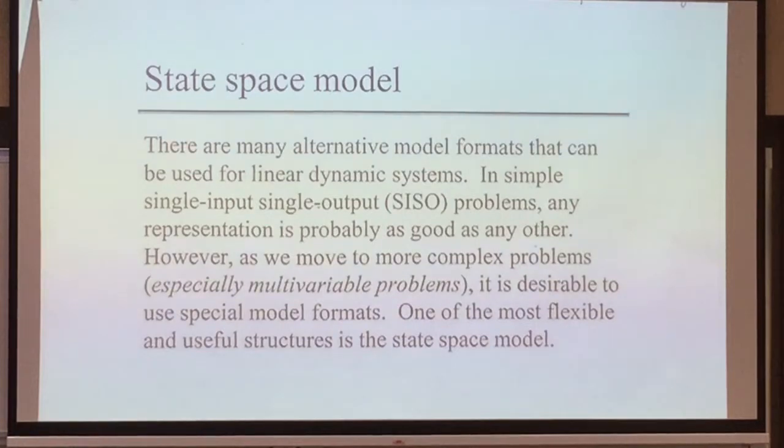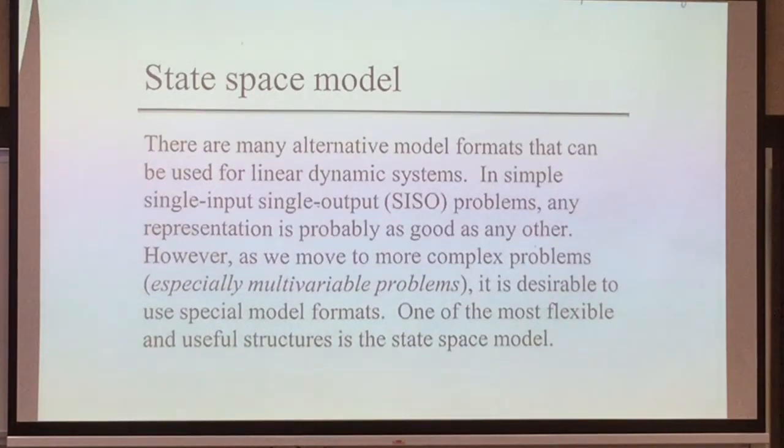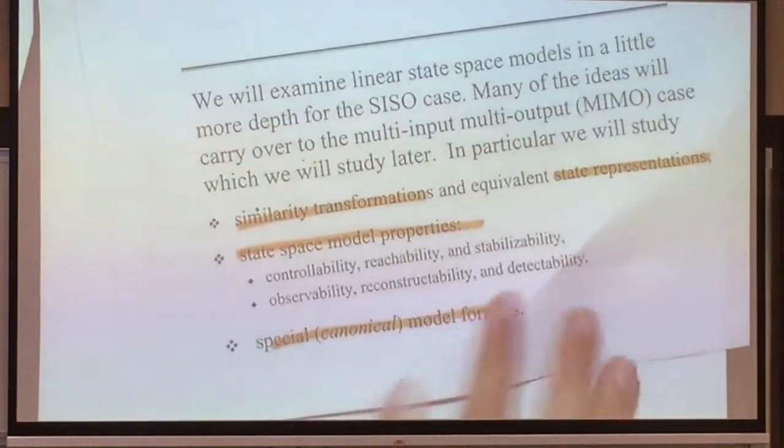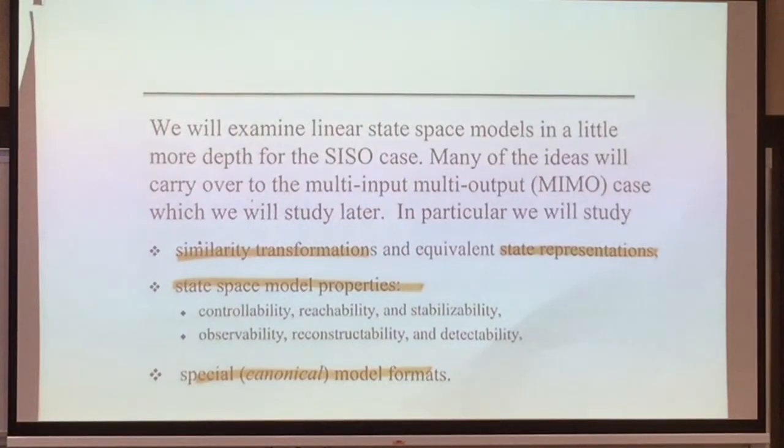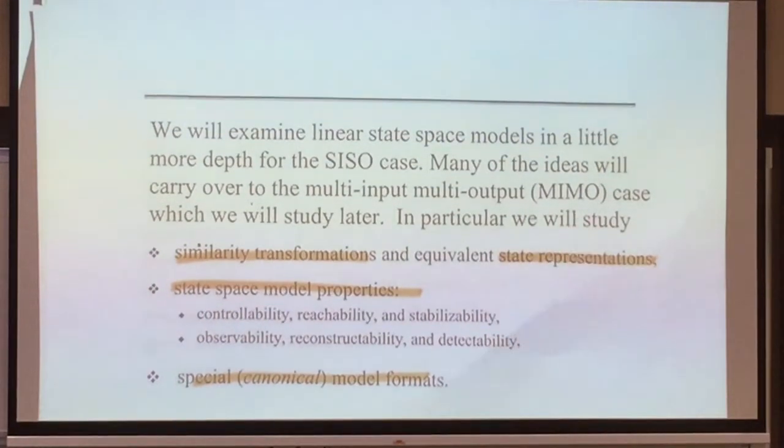It's designed to use some special model formats, and one of the most flexible formats you can use is the state space model. Okay? So we will examine the linear state space model in a little more detail for the single input, single output case. And some of these ideas we can carry over to the multiple input, multiple output, which is the MIMO case that we will study later.